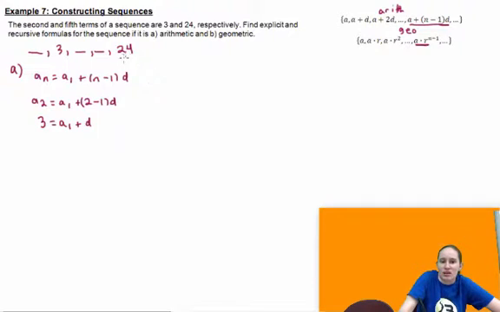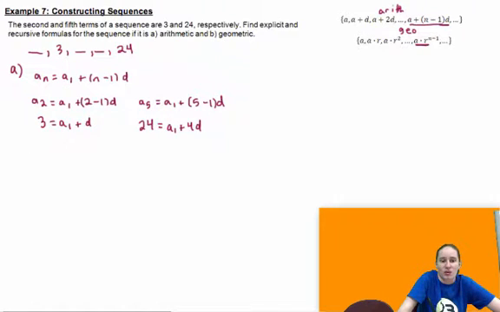Then I can do this again, thinking about the fifth term, that a5 equals our first term plus 5 minus 1 times d. The fifth term is actually 24. We still don't know the first term, but 5 minus 1 is 4d.